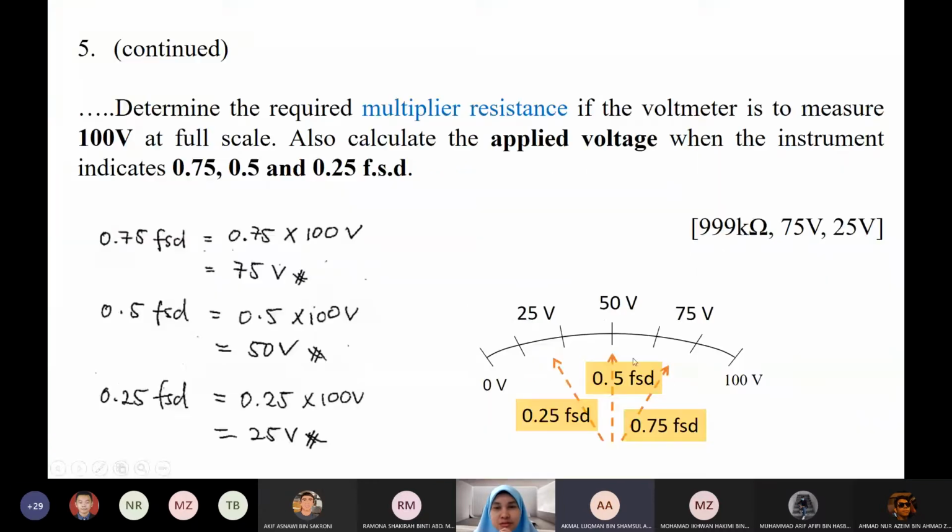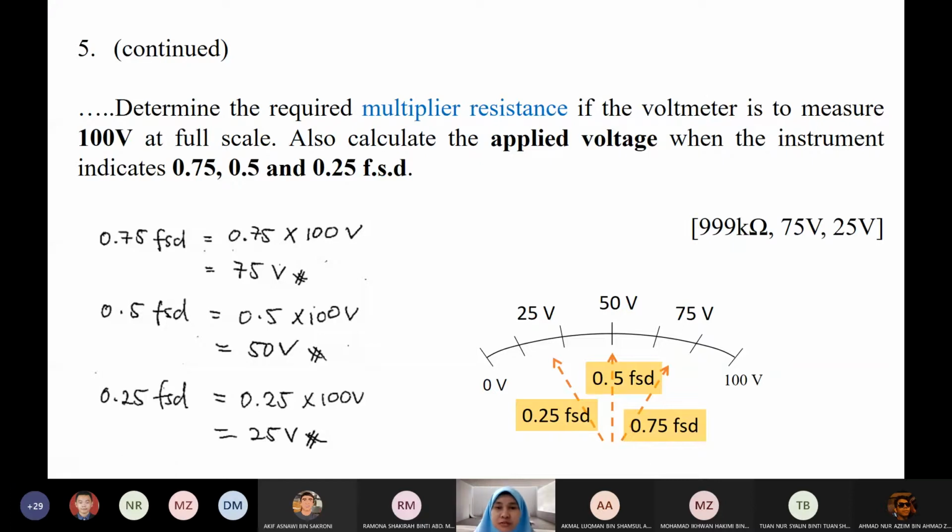So when the V range is 100 volt and the needle points at 0.75, meaning here, this is the full range, 100 volt. Consider that this is an analog meter. DC 75. So this is how we design.